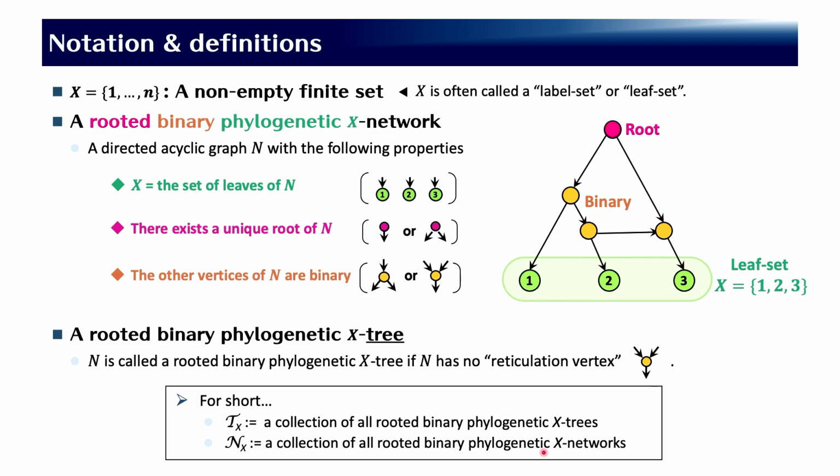In the case when N has no reticulation vertex, N is particularly called a rooted binary phylogenetic X-tree, or tree on X. In this lecture, we often omit "rooted binary" and so on because we only consider such networks. For notational simplicity, we use the notation T_X and N_X to represent the collections of all rooted binary phylogenetic X-trees and networks.